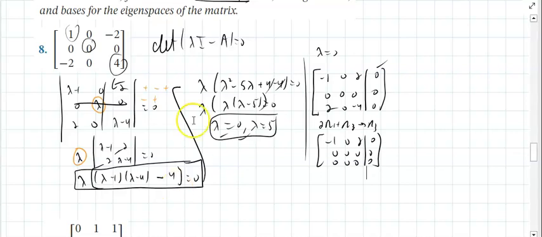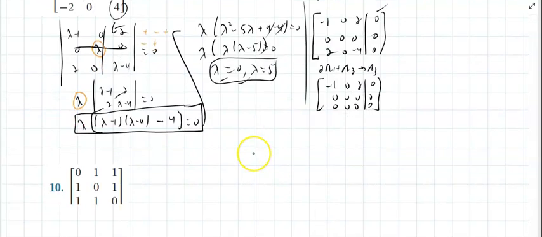What does that mean? That means x3 is free. Let's start from it this way. And x2 is free. And what is x1? Isn't x1 negative 2x3?